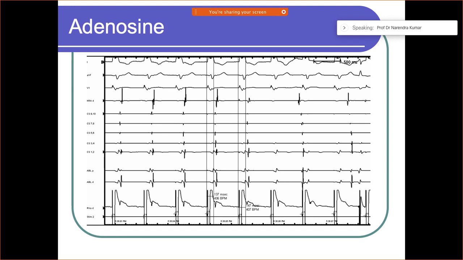If you're interested in that as well, you can see that. I have also been a reviewer for the Lancet, in fact, for the ADVICE trial. So adenosine can also be used in other things as well.